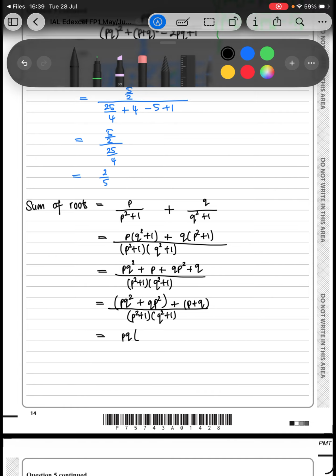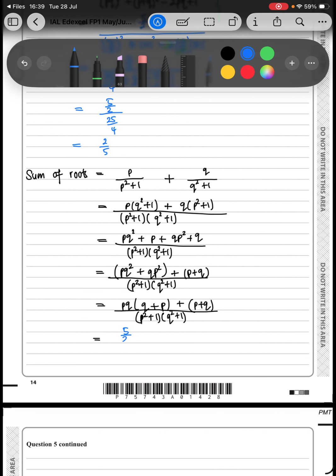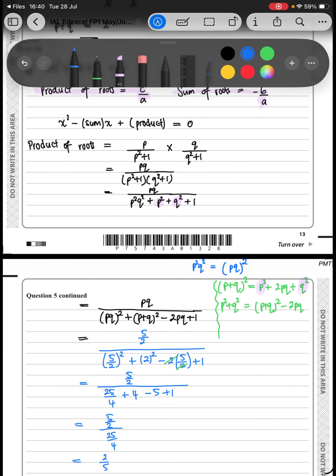So pq squared divided by pq, 1p is gone, and from q squared 1q is gone, so all that's left is q plus, and then from qp squared 1q is gone, and from p squared 1p is gone, so just 1p is left, and then we have p plus q over our denominator, p squared plus 1 into q squared plus 1, and this is equal to pq is 5 over 2 times q plus p, or p plus q, which is 2, plus p plus q, that's 2, over this denominator that we found previously.